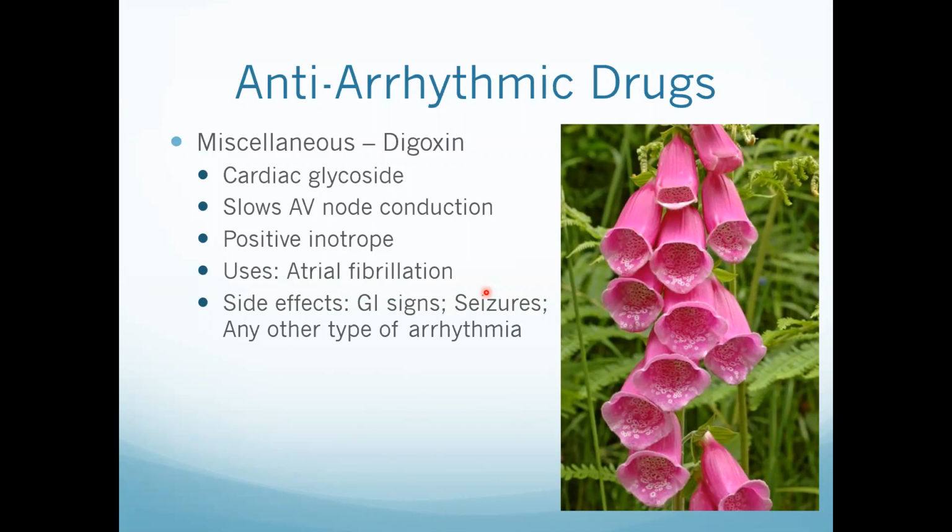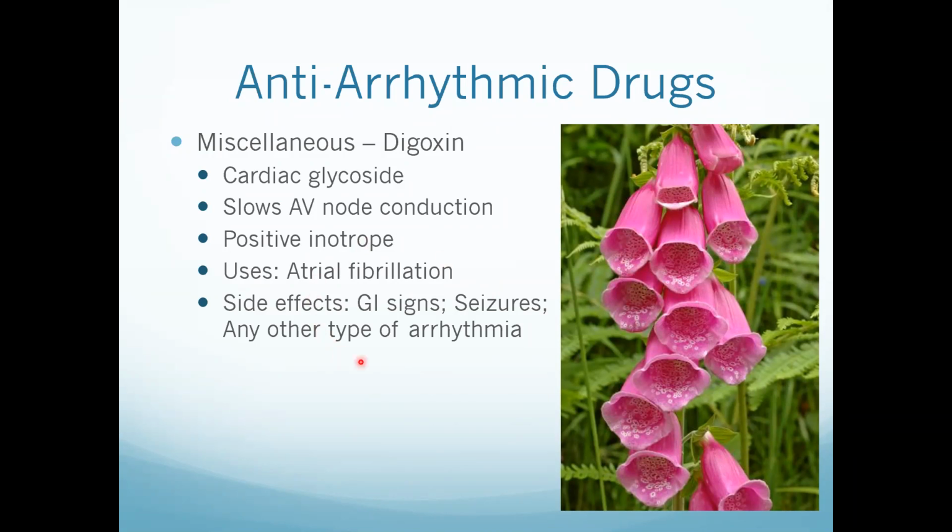The upside to digoxin is that it is a positive inotrope. It's not a very strong positive inotrope. Pimobendan's a far better positive inotrope, but it's certainly better than nothing. And if you have a patient who has very severe disease, like DCM or something like that, that also has atrial fibrillation, then this could be potentially a good drug to add in because of those positive inotropic effects.